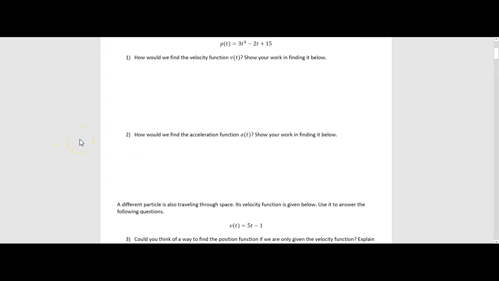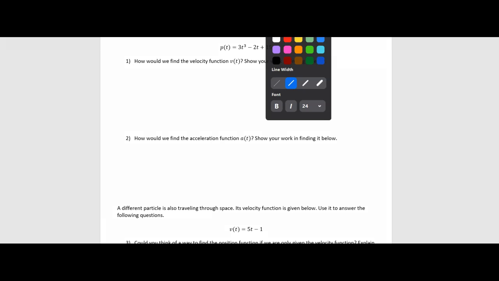So let's just do a quick review. If I'm given a position function like this, p of t, how do I find the velocity function? Go ahead, find it. Then how do I find the acceleration? Same thing. Go ahead, find it. Okay, so to find velocity, v of t is going to be equal to the derivative of my position function, which in this case is 9t squared minus 2.